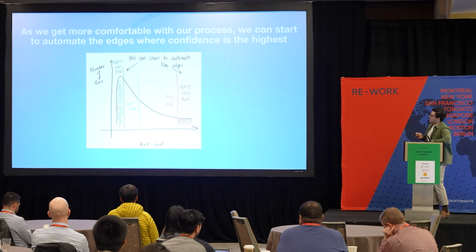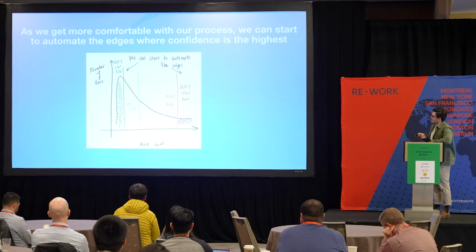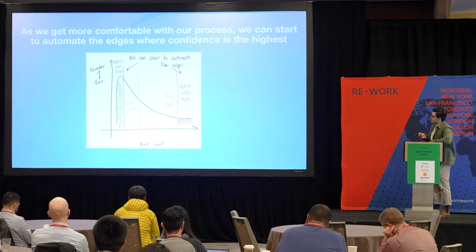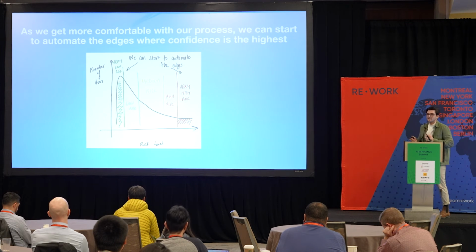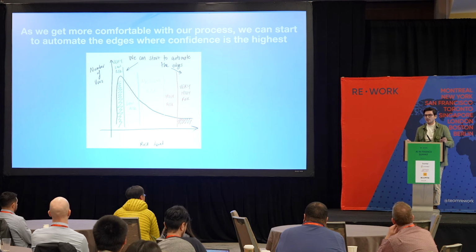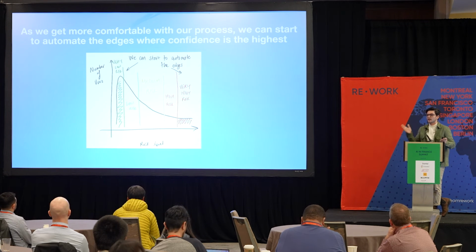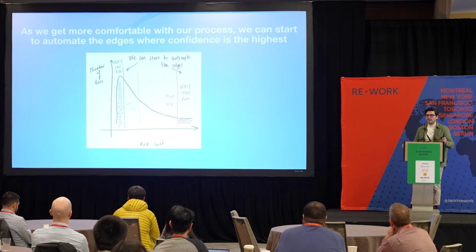As your model evolves, the idea is to shrink this area from the left and from the right so that the gray area you're dealing with gets smaller and smaller over time. Realistically, I don't think it ever gets to 0, and I don't think it should, if you want to continue to sample and audit your distribution. But obviously, you want to shrink it to the best of your ability.